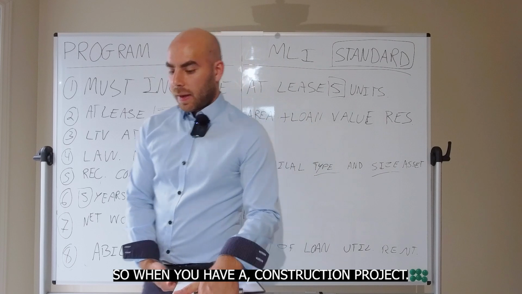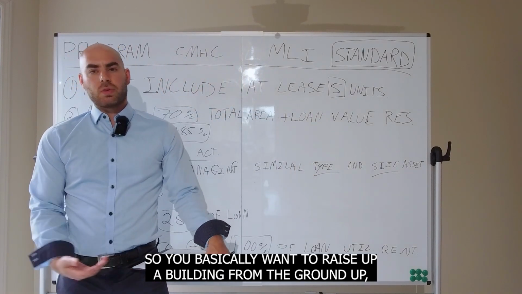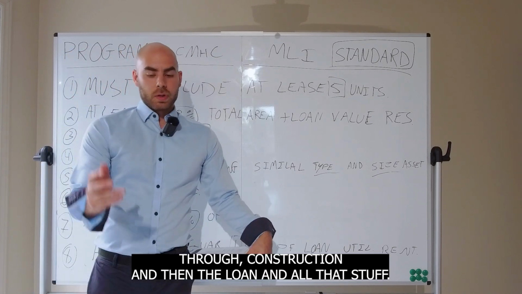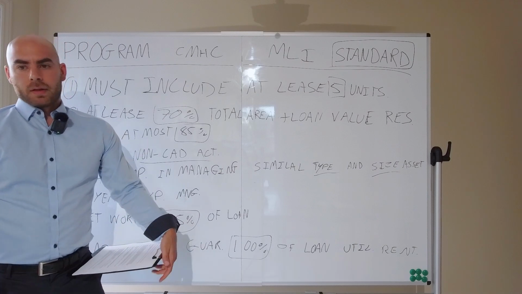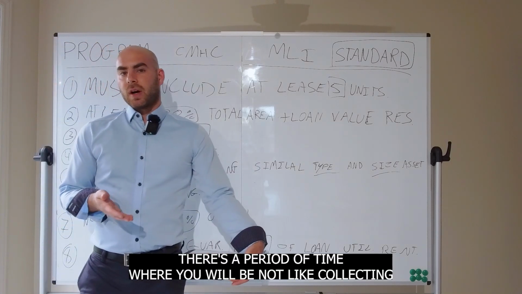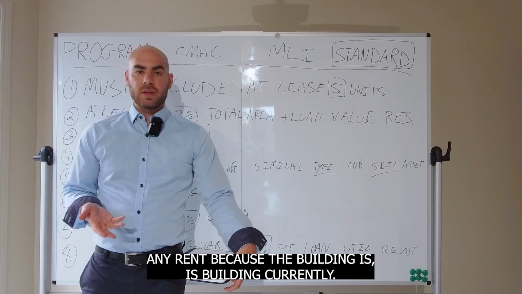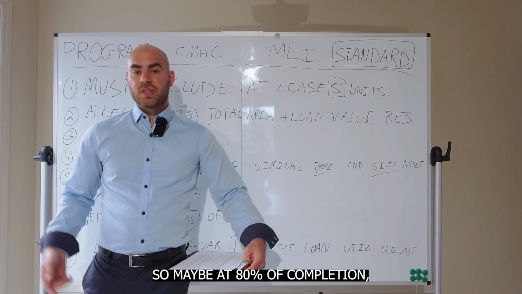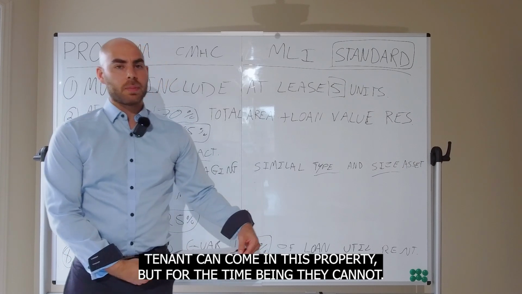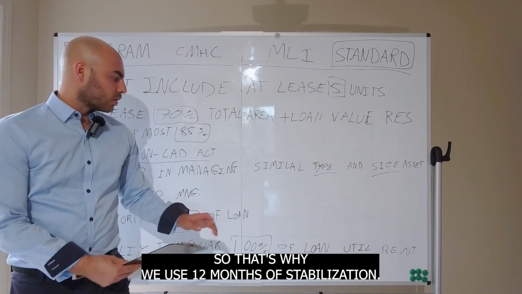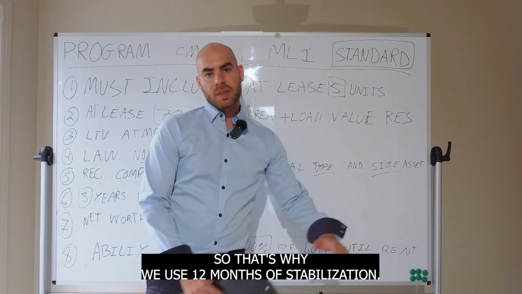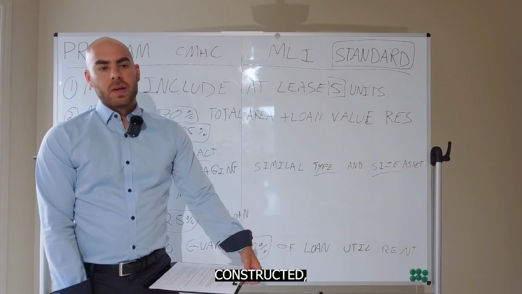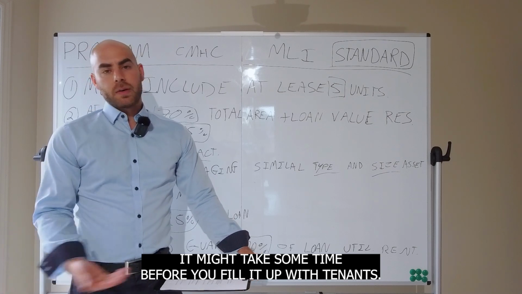So when you have a construction project, so you basically want to raise a building from the ground up through construction and then a loan and all that stuff, there's a period of time where you will not be collecting any rent because the building is being built currently. So maybe at 80% of completion, tenants can come in this property, but for the time being, they cannot, okay? So that's why we ask 12 months of stabilization, because even though when the building is fully constructed, it might take some time before you fill it up with tenants.